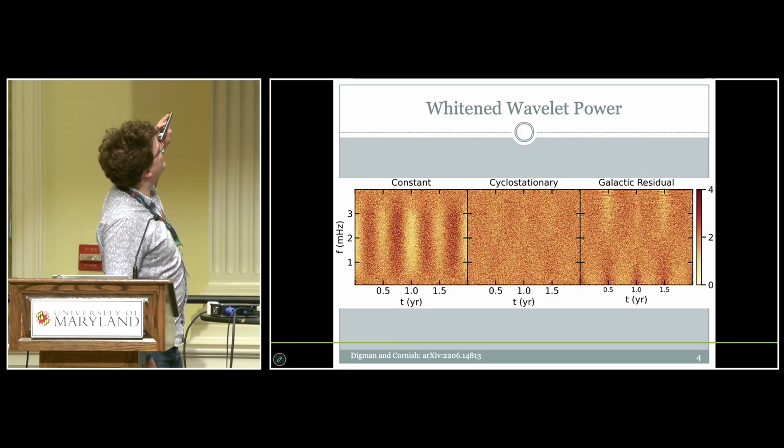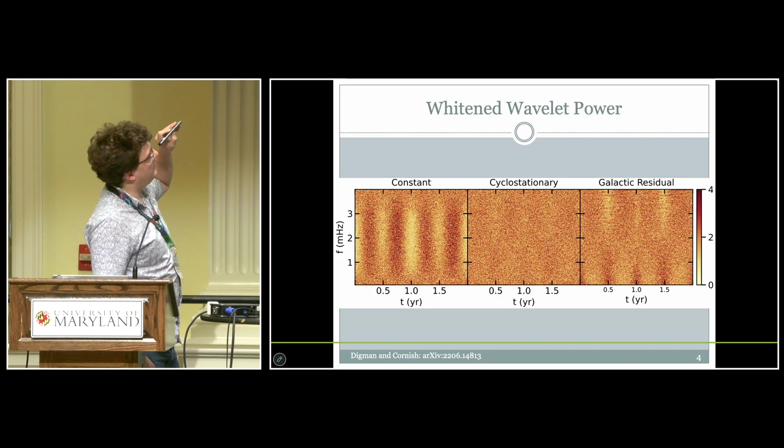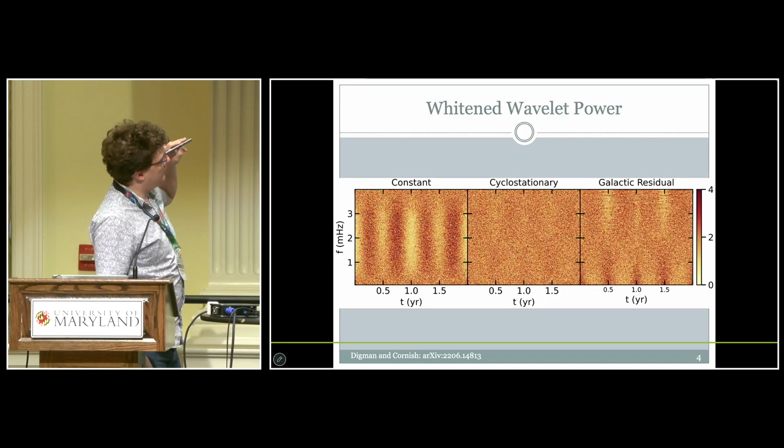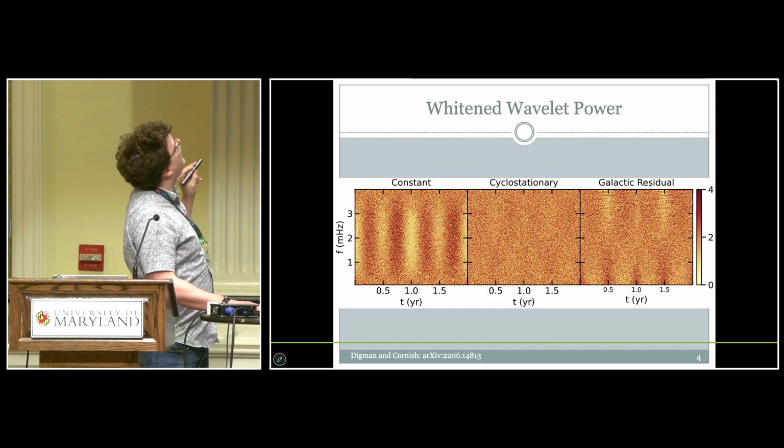You have these waves from the rotation around the galaxy, and if you have a noise model that properly accounts for them, then you almost completely whiten it out, except for a very slight residual. It is statistically pretty much white noise here, although because you know the truth, you can tell it's not.